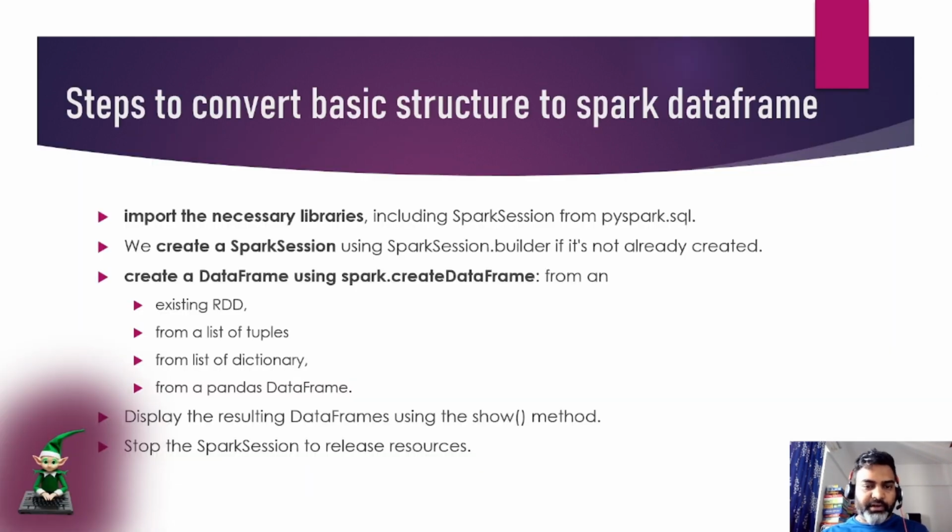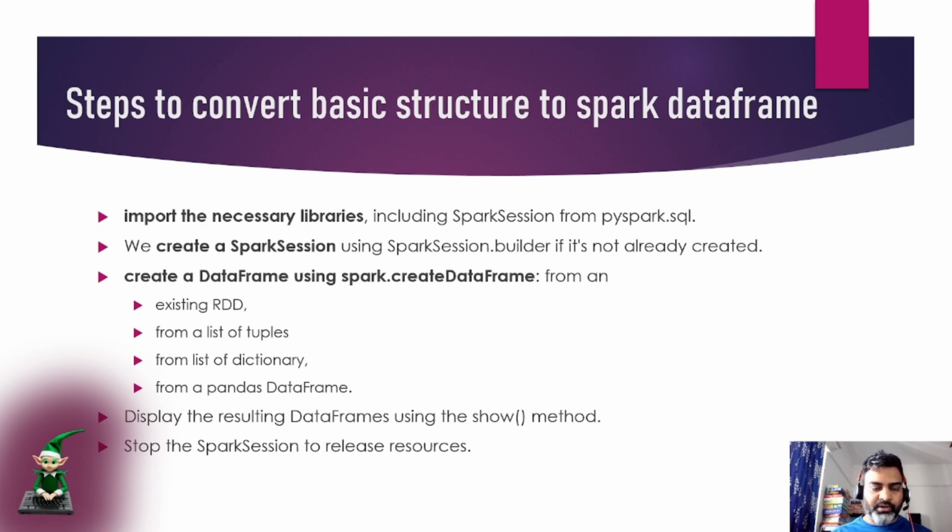To convert any basic structure like an existing RDD, list, or dictionary to a PySpark data frame, we need to do some initial work, which is creating the Spark session, which will be used with the help of the create data frame method to convert any basic structure to a Spark data frame.